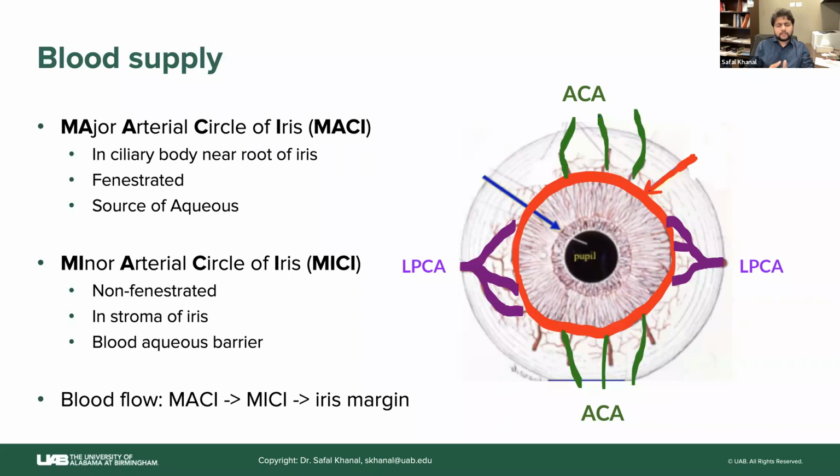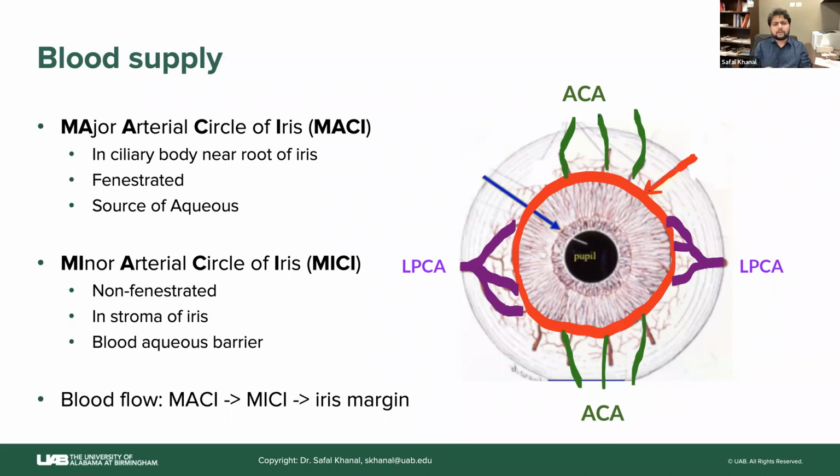And then it moves forward a little bit more into the iris, where it forms the minor arterial circle of the iris, or MICI, which is non-fenestrated. It is located in the stroma of the iris. And while it does not form aqueous humor, it does help to form a blood aqueous barrier in the iris. So the flow of the blood is from the major arterial circle to the minor arterial circle, and then to the iris margin.